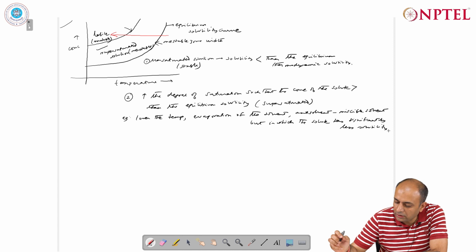So the anti-solvent addition can take care of the process of increasing the degree of saturation.